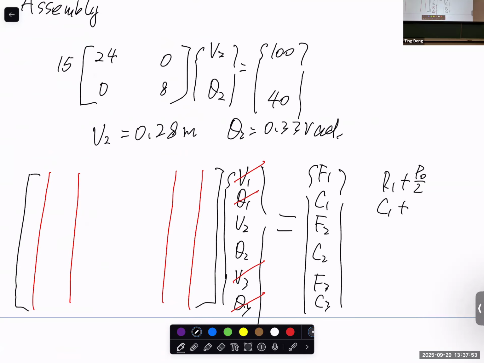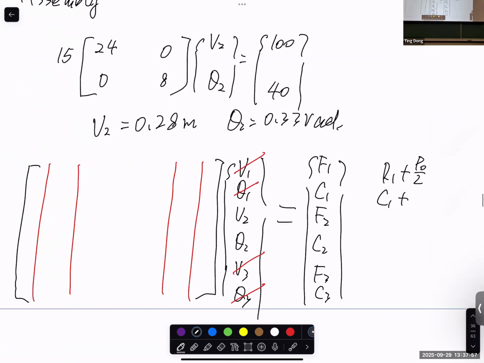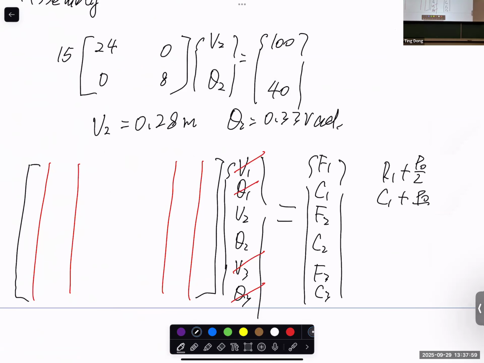Well, it's a reaction couple, so I should use a different symbol. Reaction transverse force applied at node 1, reaction couple applied at node 1. This is a better notation. And similar at node 3.